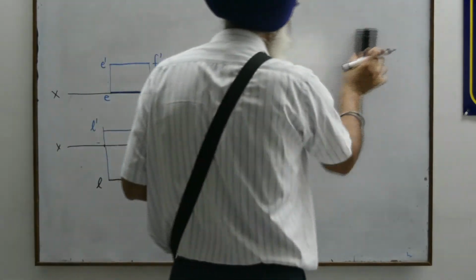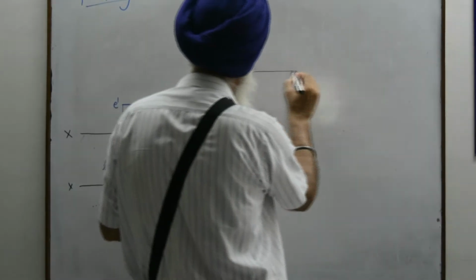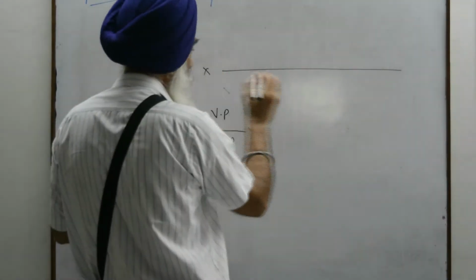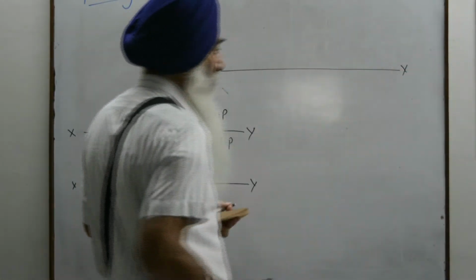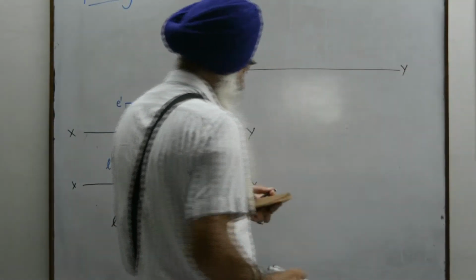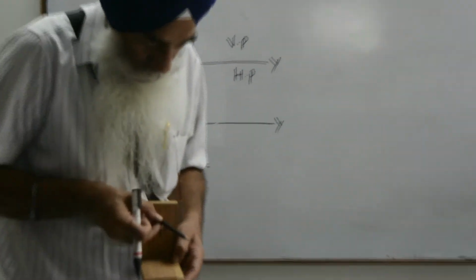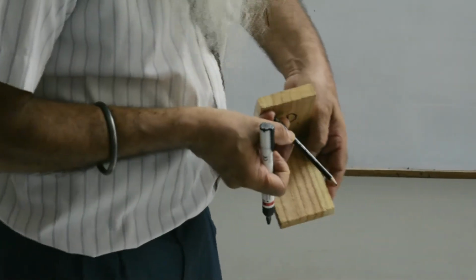First of all, you draw a line XY. This first you will see, because this line is inclined to the vertical plane from the top.